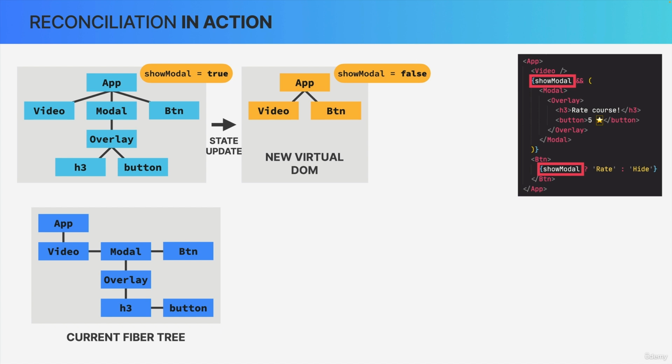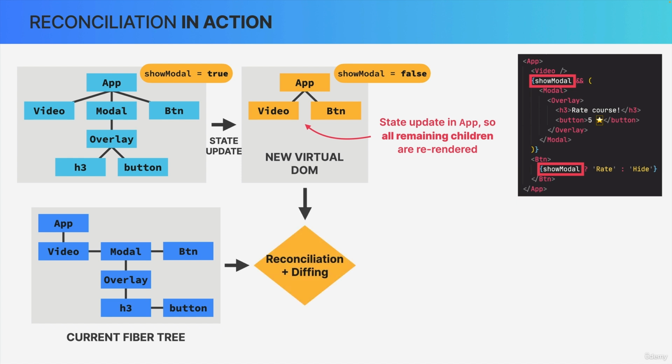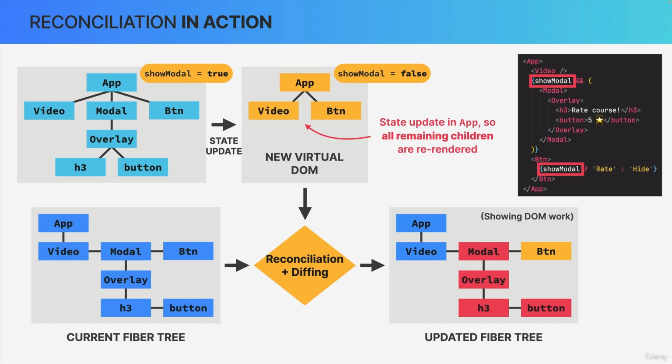That's right, it's because all children of a re-rendered element are re-rendered as well, as we just learned a few minutes ago. But anyway, this new virtual DOM now needs to be reconciled with the current fiber tree, which will then result in this updated tree, which internally is called the work in progress tree.